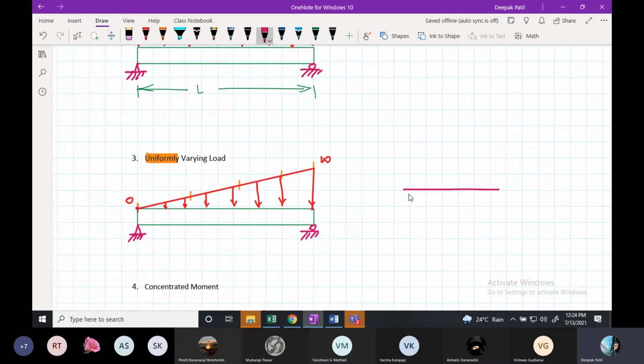Suppose this is your beam, and here the load is zero and here the load is maximum, and the variation is not like this, right? This is not a uniformly varying load because the load is fluctuating. So this is not called a uniformly varying load. This is called the uniformly varying load.